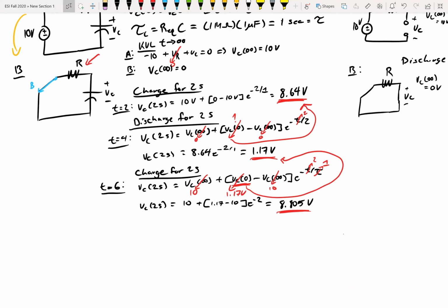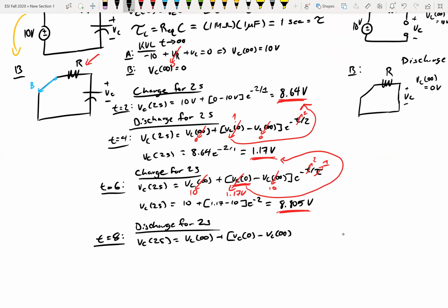Then finally, if we did it one more time, we discharge for 2 seconds. Now time is equal to 8 seconds. VC for 2 seconds is equal to VC infinity plus VC initial minus VC at infinity e to the minus t over tau. That's 2 tau.